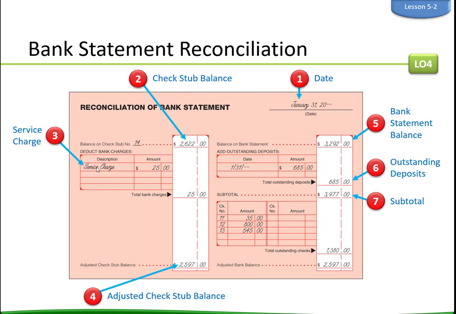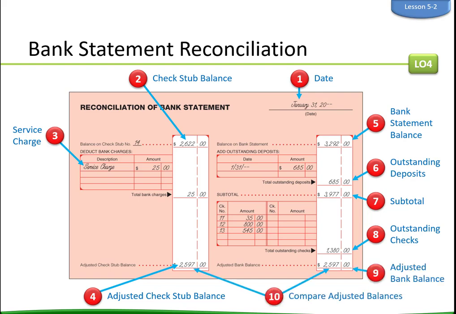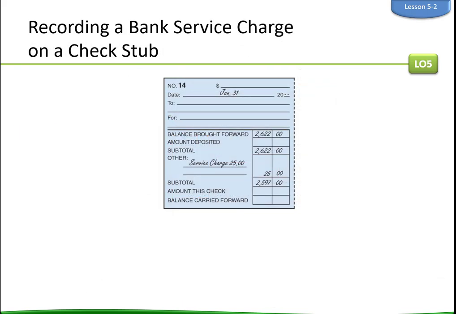You're going to have any service charges put over here on yours where it's deducted. You're going to add any outstanding deposits that may have come through after the bank statement was processed to your bank statement balance, and then you're going to subtract any checks that may have not cleared yet. And those two balances should be the same.